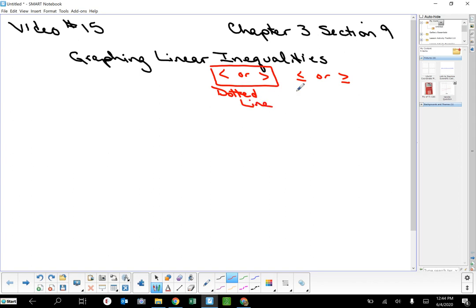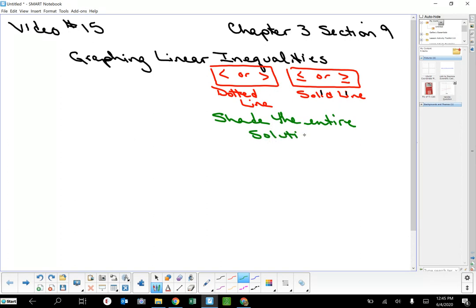If you have a less than or equal to or a greater than or equal to, these will have a solid line, so they'll look like normal. And then the other thing that you need to remember is that we are going to shade the entire solution area after you graph the line.